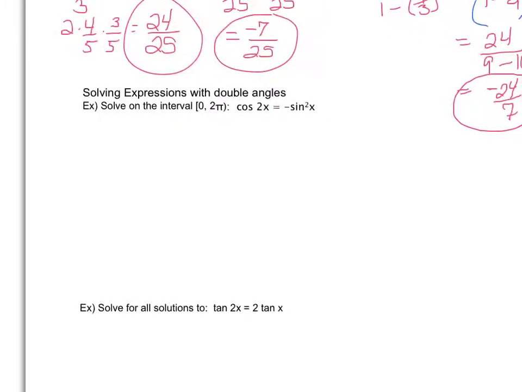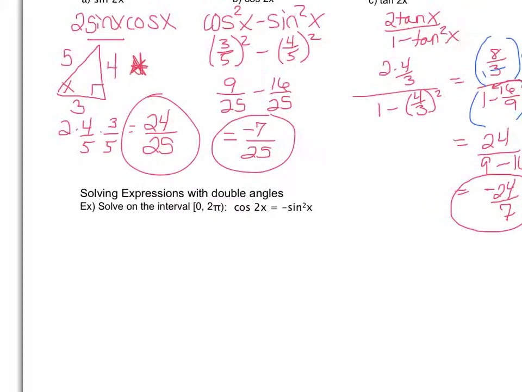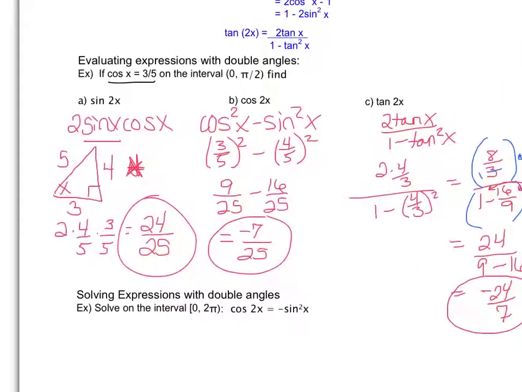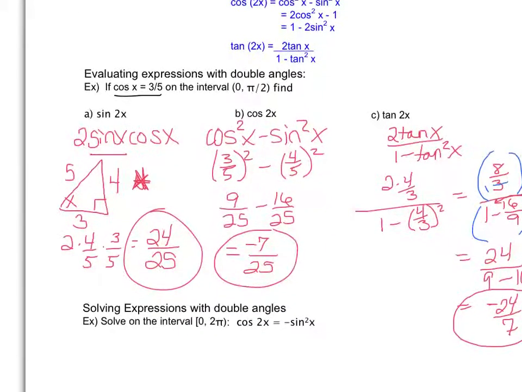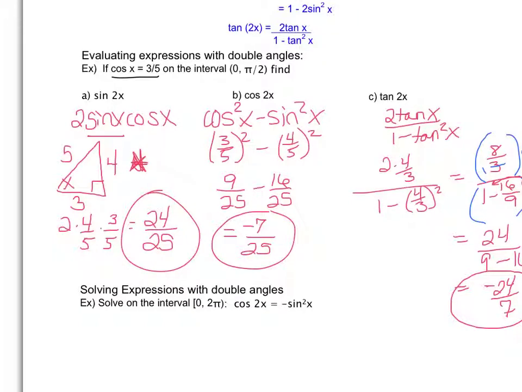So when I look up here, since the right side of that equation only involves sine, I'm going to choose to change cosine of 2x to 1 minus 2 sine squared x. And then I will have an equation that deals only with sine values.